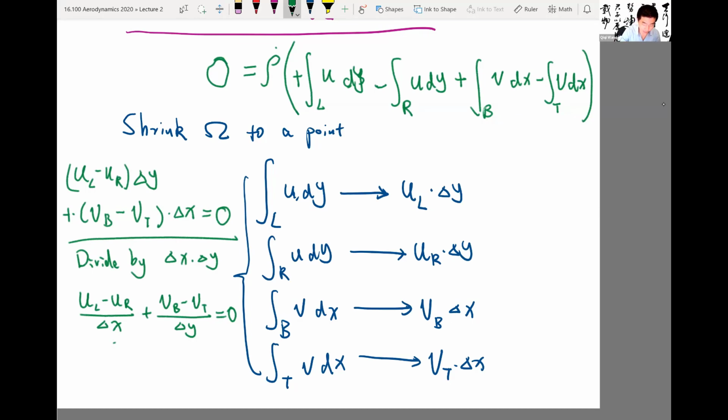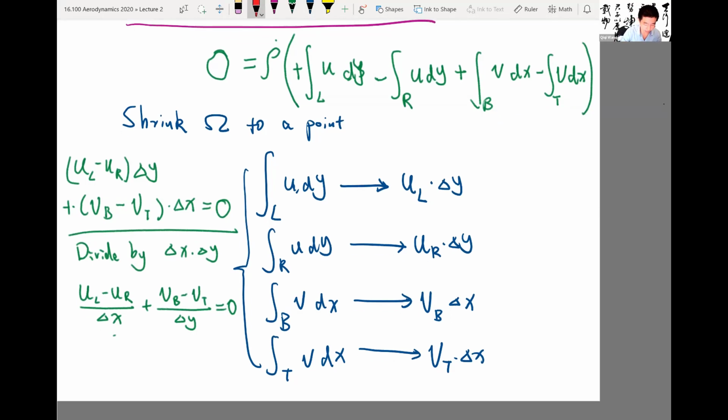So this equation finally becomes partial u partial x plus partial v partial y equal to 0. Make sense? Any questions so far?